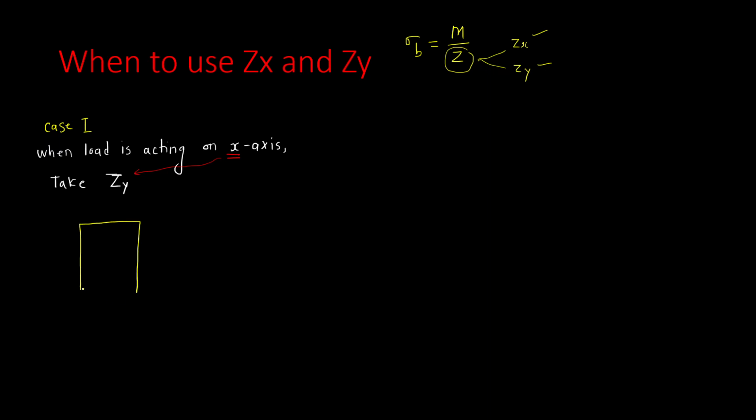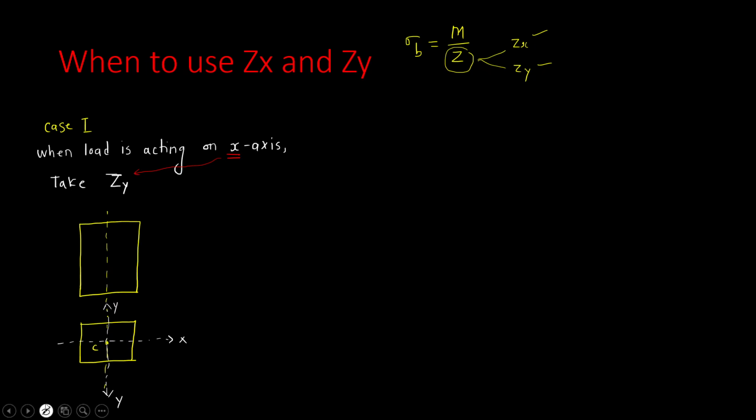This is our vertical column, a vertical compressive member. This is the rectangular section, and this is the center. Now for this section, this is the x-axis and this is the y-axis. Now you have to identify whether the load is acting on the x-axis or y-axis.